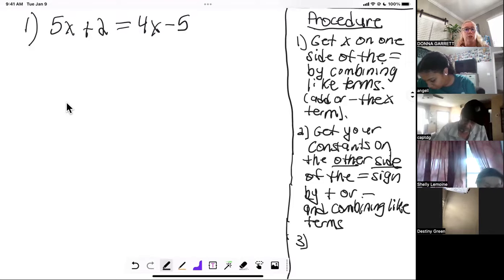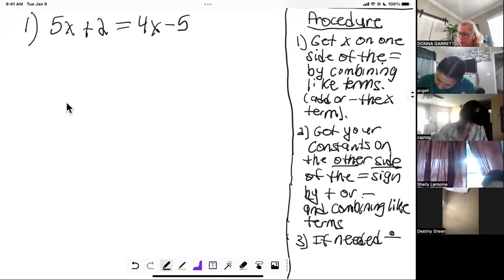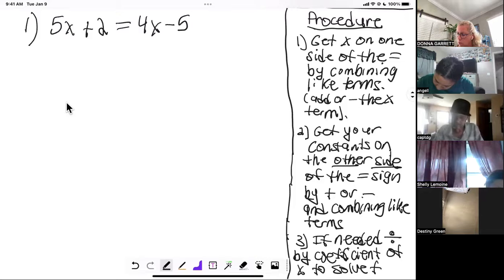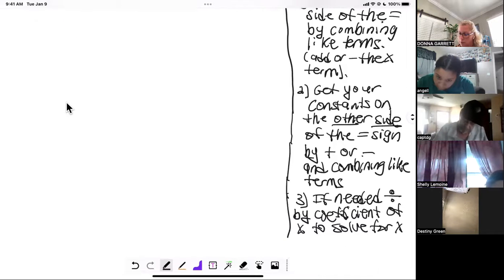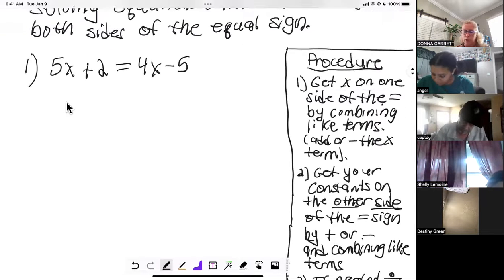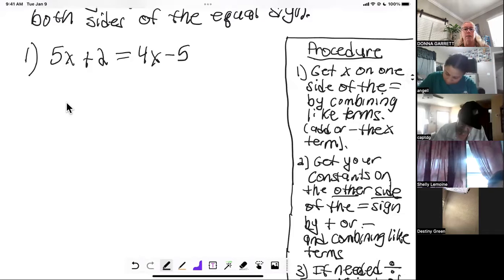And then one more thing to do, if needed: divide by the coefficient of x to solve for x. Now, this might not mean anything to you right now, but as you go through it, I do this the same every single time.